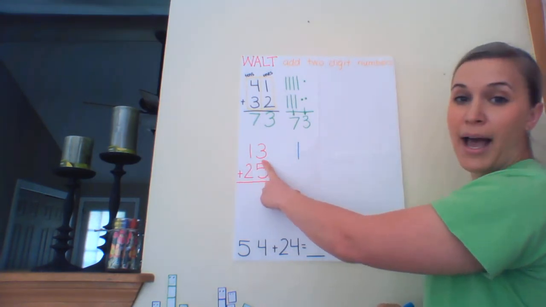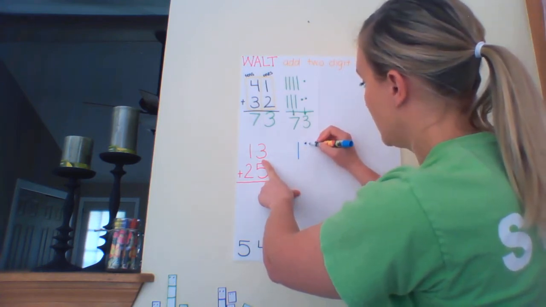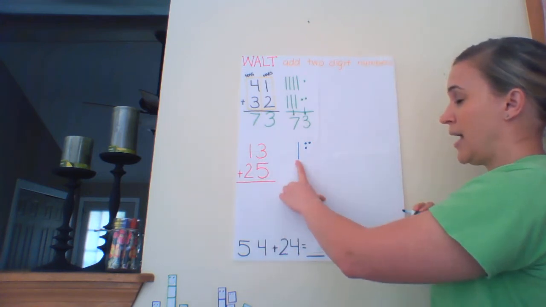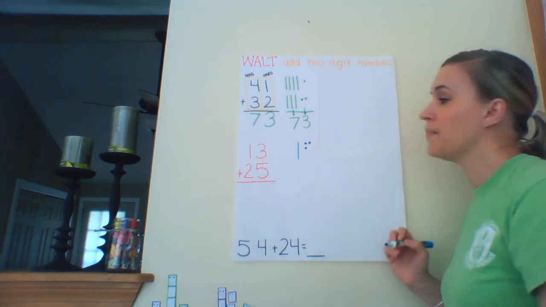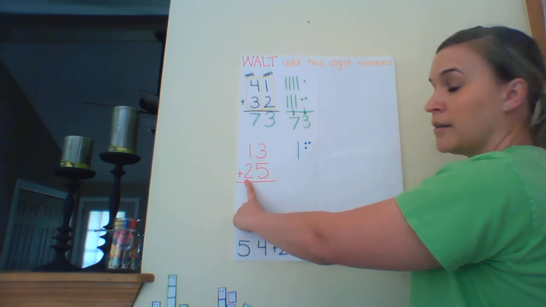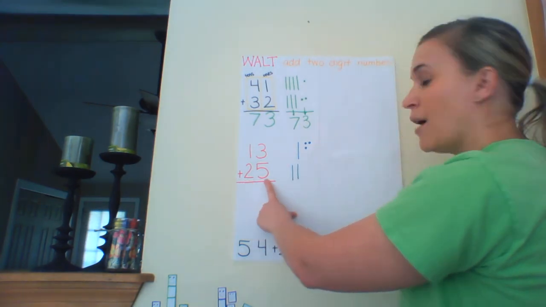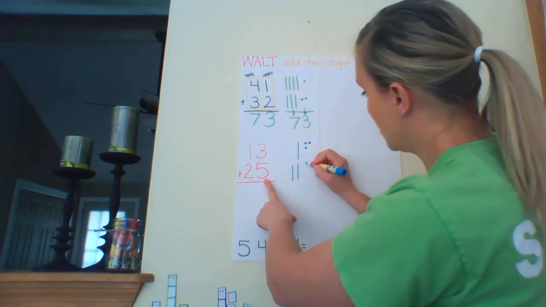How many ones do I have? 3. 1, 2, 3. Perfecto. 10, 11, 12, 13. 13. Now 25. How many 10 sticks do I have? 2. And how many ones? 5.